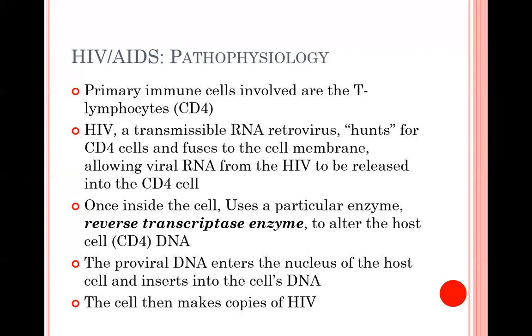HIV cannot reproduce on its own. So if HIV is just outside of the body, it's just going to sit there and die. It needs a host to take its RNA retrovirus and turn it into more viruses inside of a person.